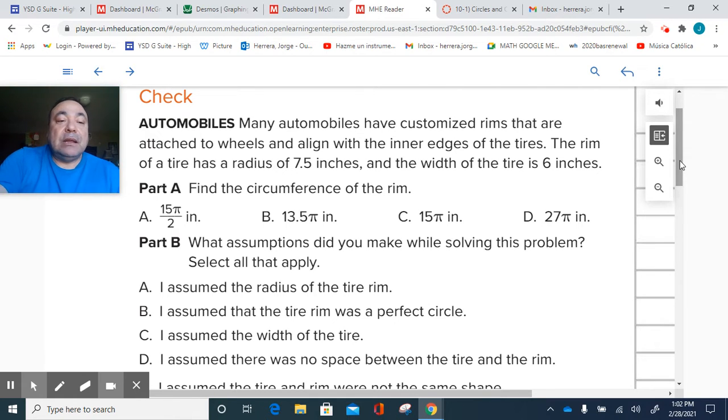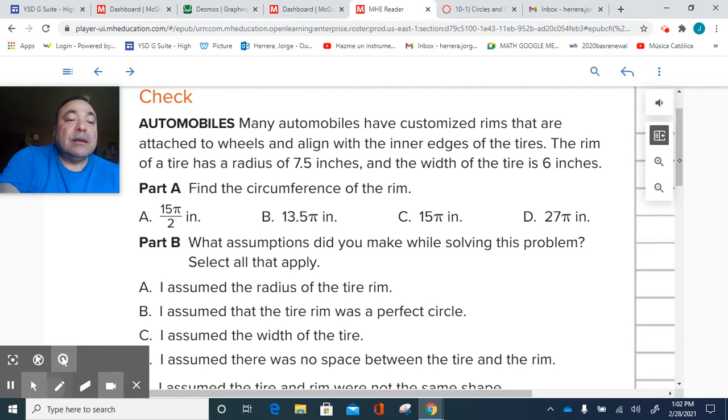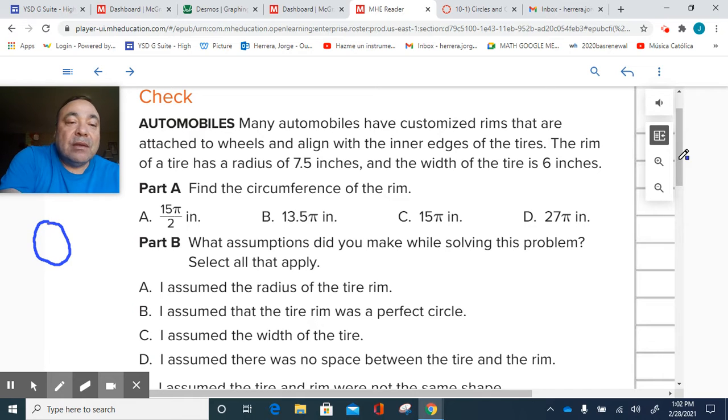So let me just go here and visualize this a little bit, guys. What they're saying is, what if you have a tire, a perfect tire right there? And then the rim is right there, and the tire is right here.